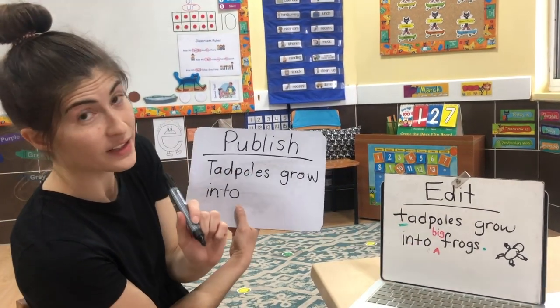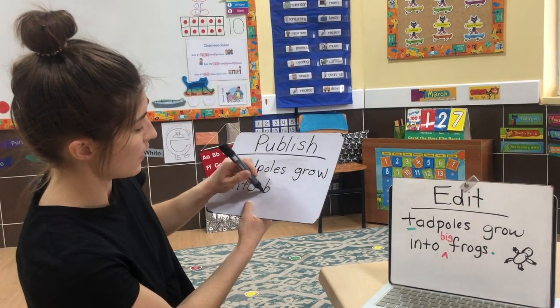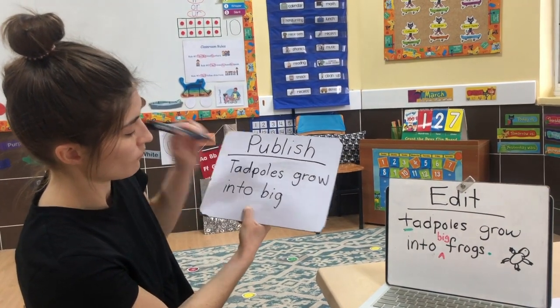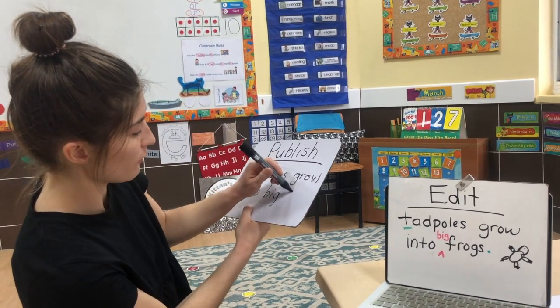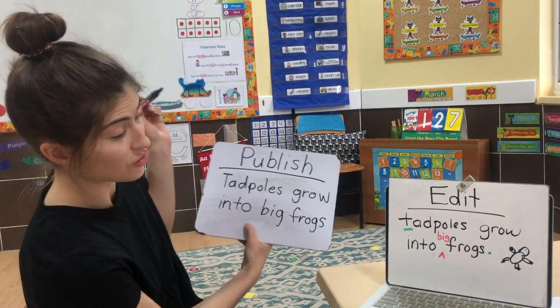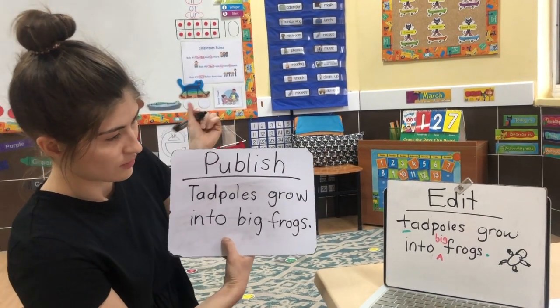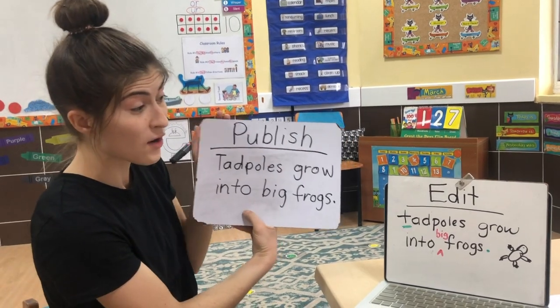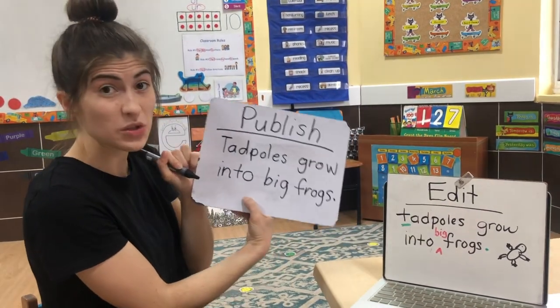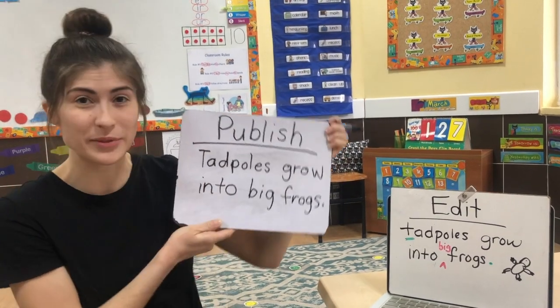Right here I added a word to give better details when I was revising. Big. Last word, frogs. And don't forget at the end of the sentence, period. Okay, and now I can draw my picture again too if I want, and even add more details and color. And now I can publish my writing.